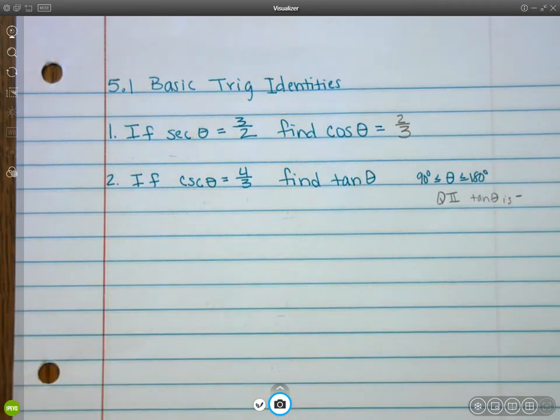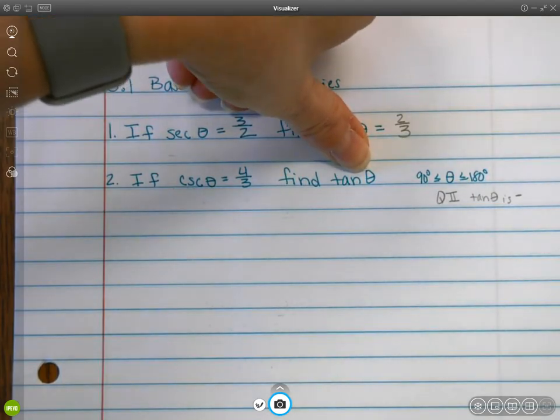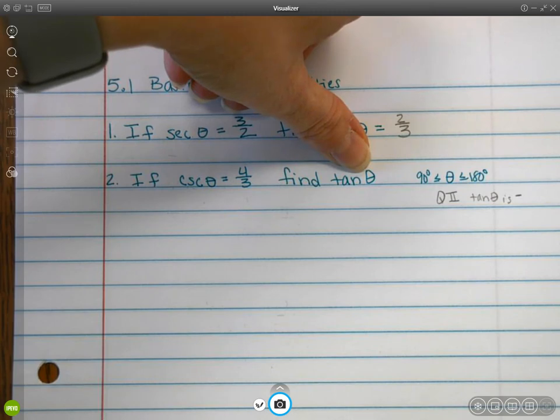So when I tell you what cosecant is, the goal is to use the Pythagorean identities. You could just draw a triangle, and I'll show you that, and when you take a test, I'm honestly not going to be that concerned which way you do it. But the Pythagorean identities are not that hard. So we have cosecant, and we need to get tangent. If you look at your Pythagorean identities, we don't have cosecant and tangent together, we have cosecant and cotangent.